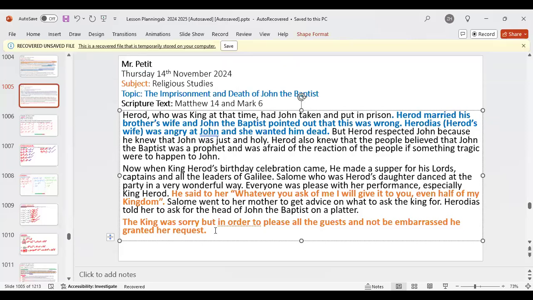But he didn't want to do it. He gave orders to have John the Baptist beheaded. And beheaded basically means they cut your head off.